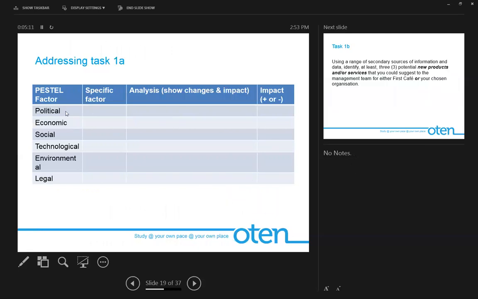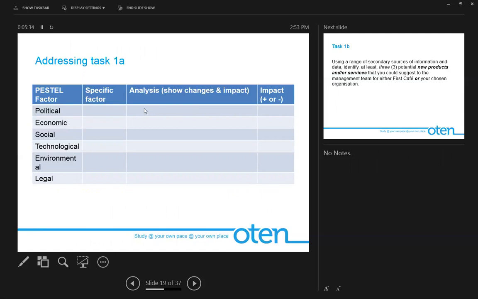If you use this template, let's say the political, you specify the factor, for instance regulation. Is that about the new taxation law, for instance, that you talk about? Then you analyze how it changes from what to what, and how it affects the business.